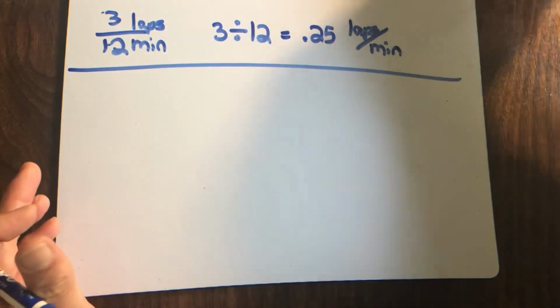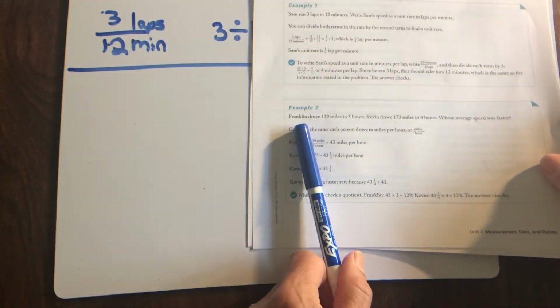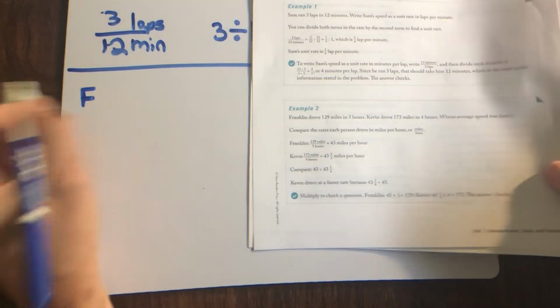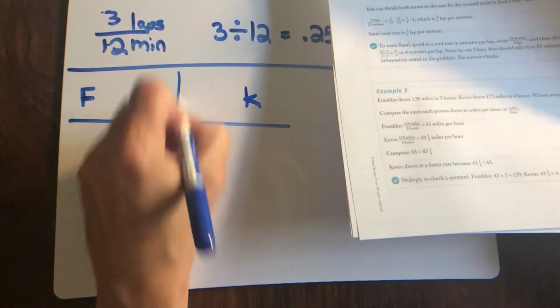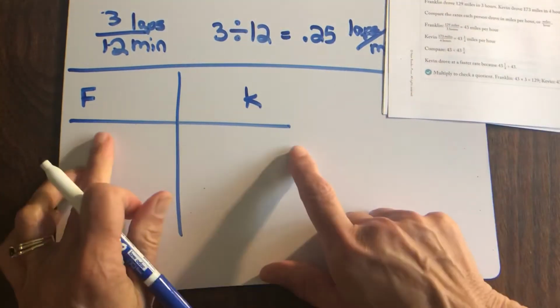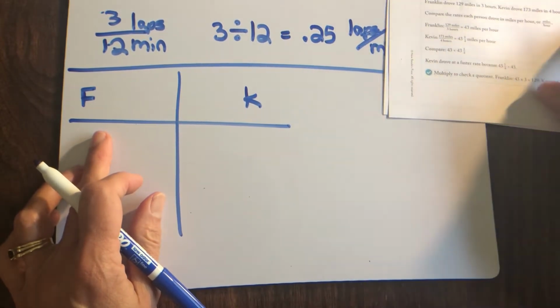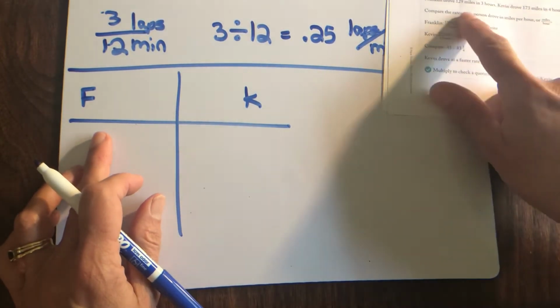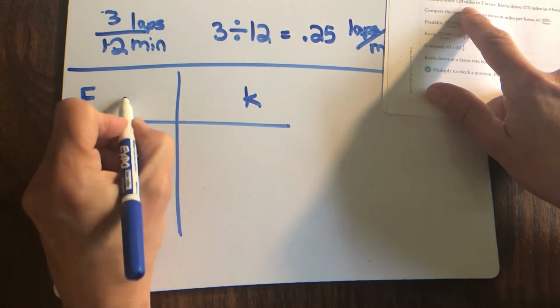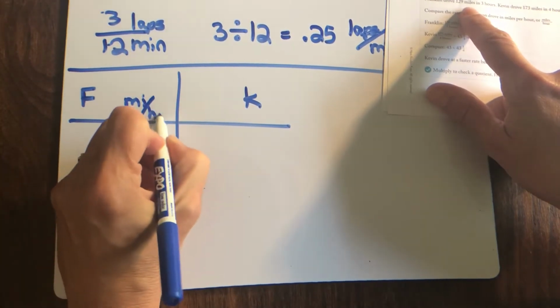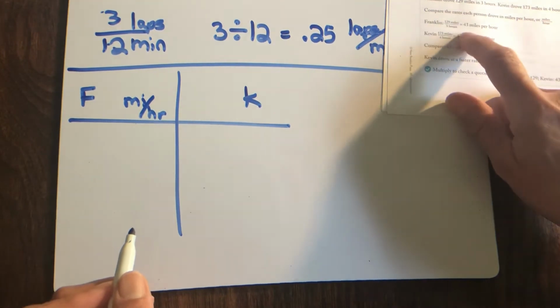When you have your 2 unit rates, we've got Franklin and we've got Kevin. So I'm just going to put F and K, and I'm going to set them up in a T-chart. That T-chart just helps me see things. And I want to compare their speed. So you need to know that speed is in miles per hour. That's assuming you know that.